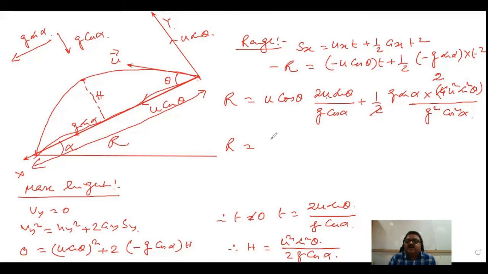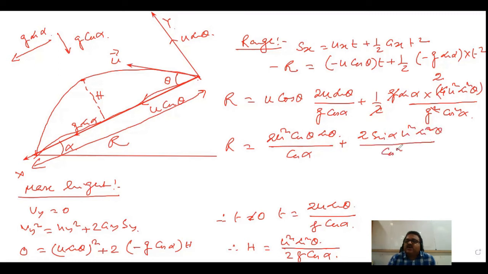Look, 2u square cos theta sine theta by cos alpha plus 2 sine alpha sine square theta, u square sine square theta by cos square alpha.